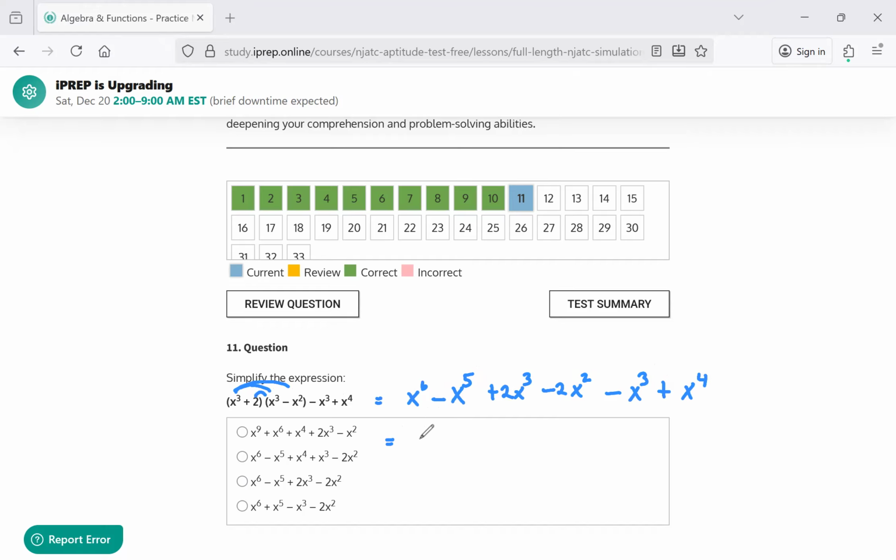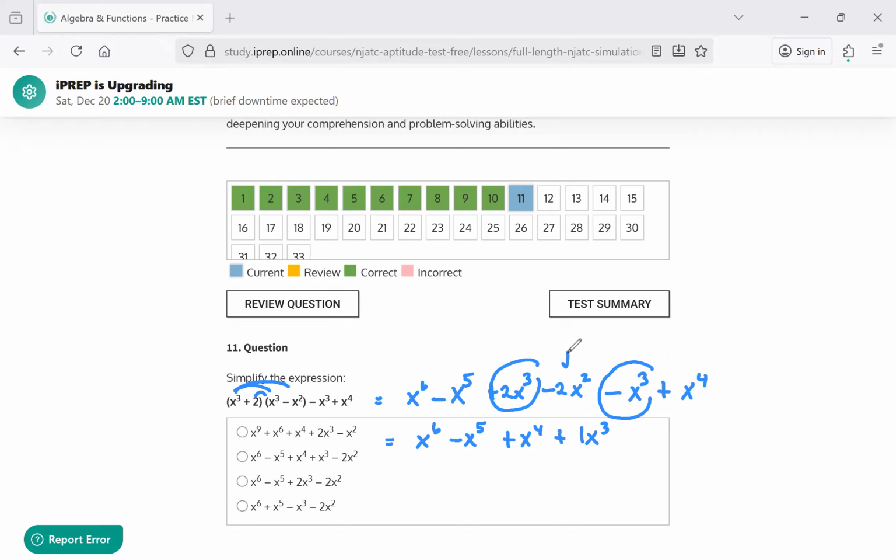So my highest power is x to the 6. I don't see any other. The next one is power 5. I don't see any other. The next one is x to the 4. The only x to the 4 I see is this one. The next one is x cubed. You have a 2x cubed and a negative 1x cubed, so that is positive 1x cubed.